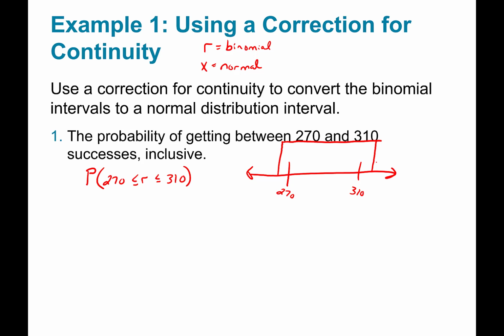If it's a left endpoint, you subtract the 0.5 from it. So converting to x, this is 270 minus 0.5 less than or equal to x, less than or equal to 310 plus 0.5 to get up to the other edge of that histogram. So the normal interval used to approximate the binomial random variable is 269.5 less than or equal to x less than or equal to 310.5.